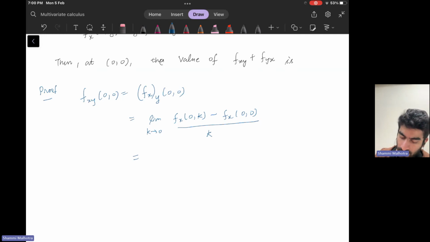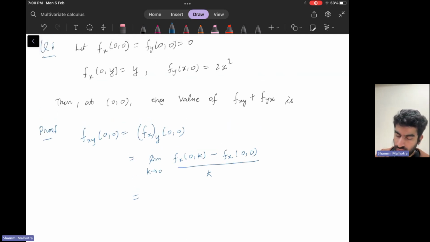The values of these are provided in our question, I have to just plug in these values. So this is given to be k only, and this is 0, whole divided by k. So this is 1.